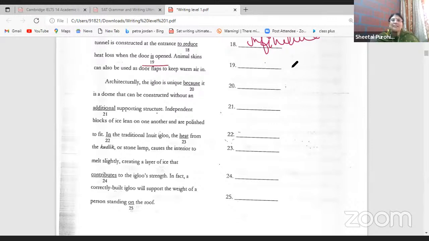I is a verb, I gave you the example. It's a verb. Then because is a conjunction.